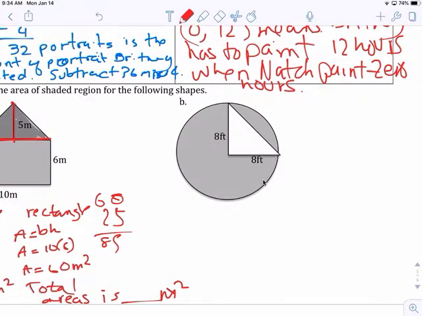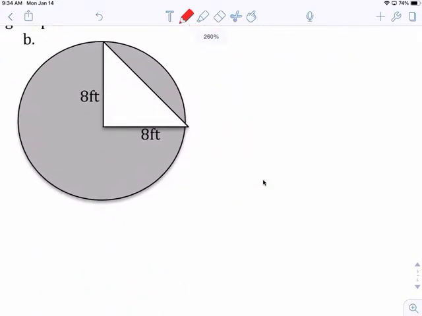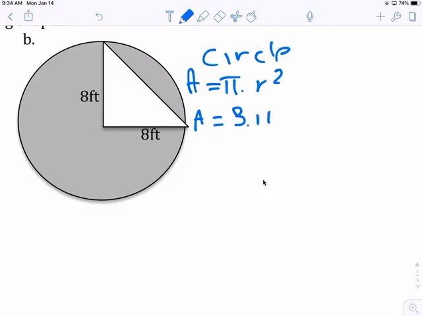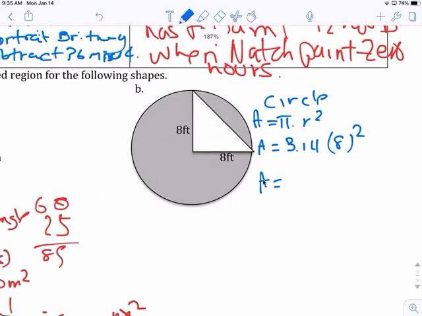Okay, here, the biggest shape is the circle, right? We'll do area of a circle: pi times radius squared. Pi is 3.14 times the radius, which is 8, squared. Then use a calculator, you get whatever your answer is.